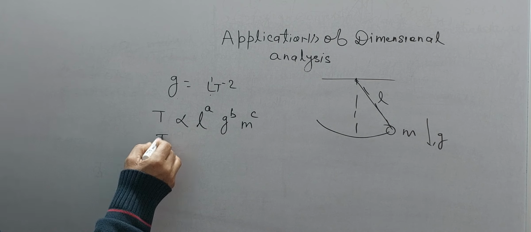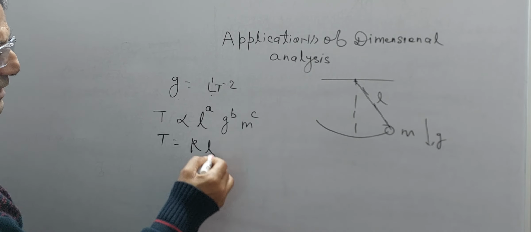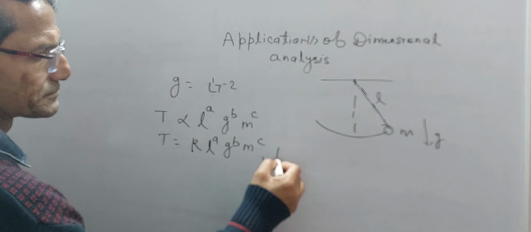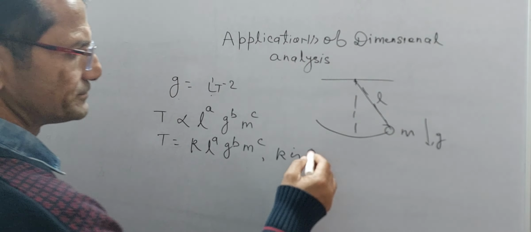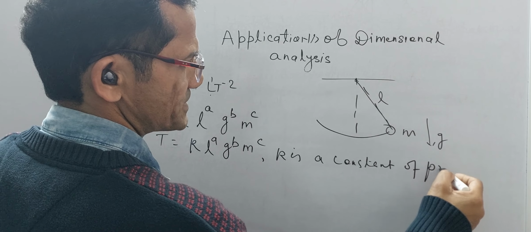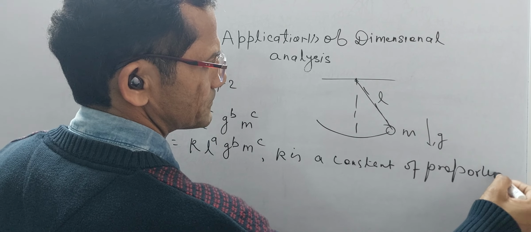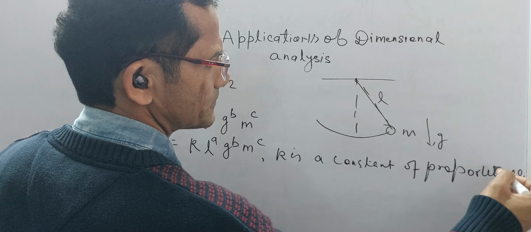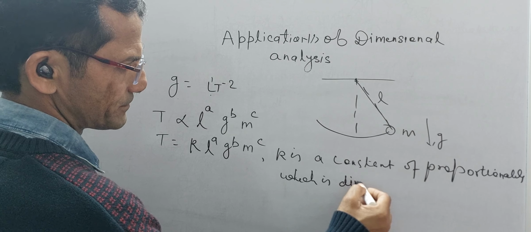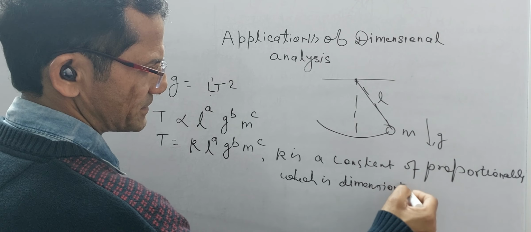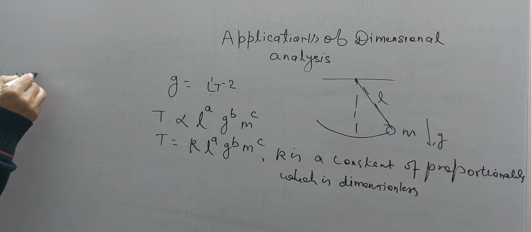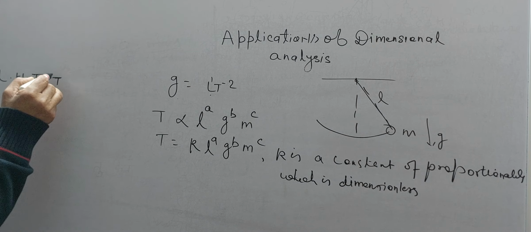K is a dimensionless constant of proportionality. In our left hand side we have the time.